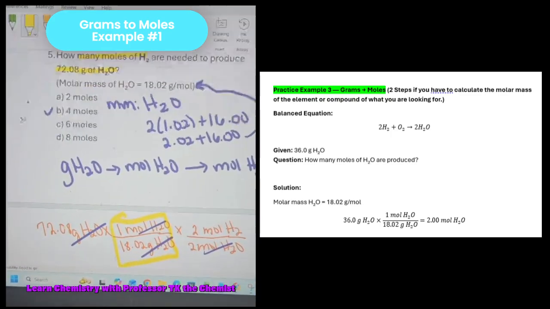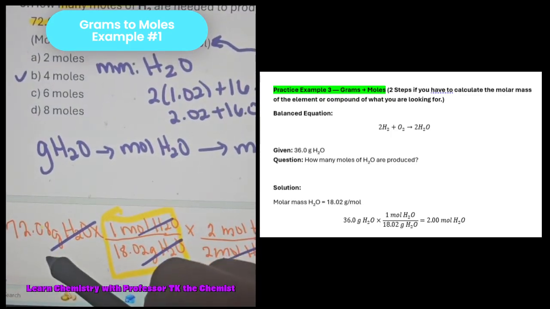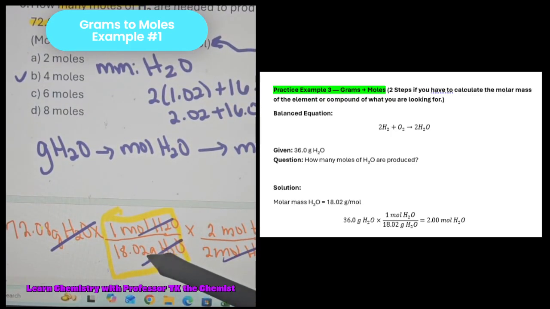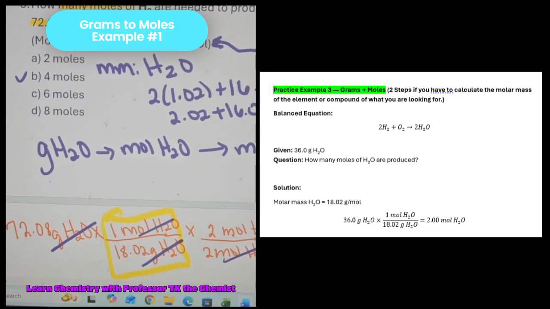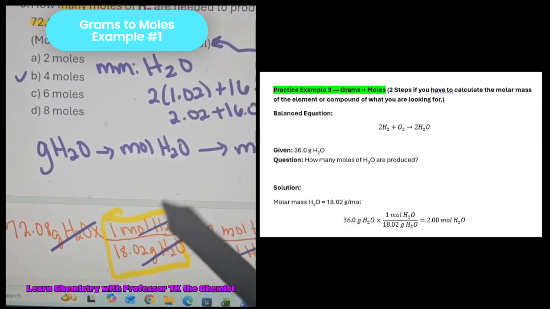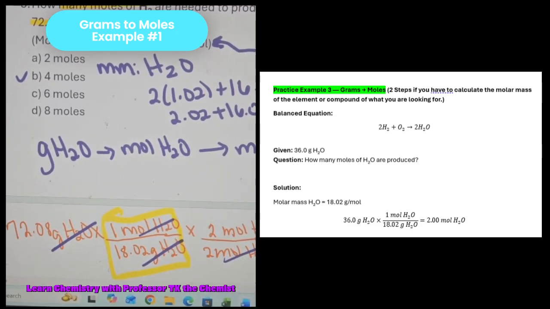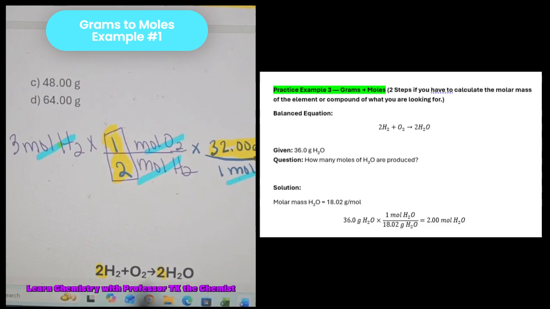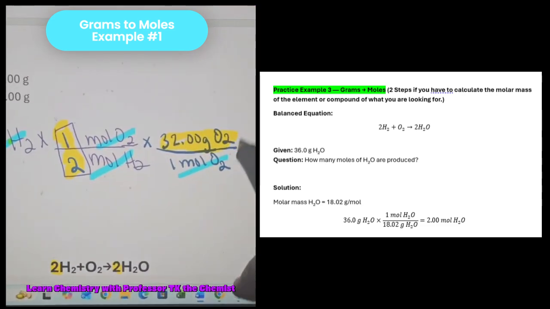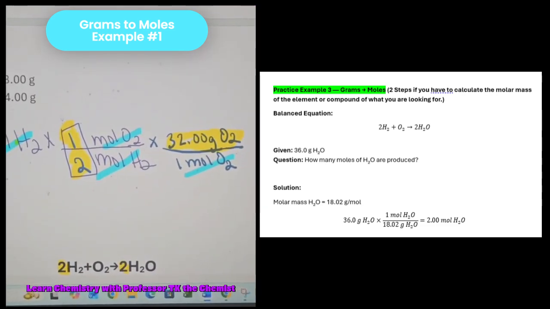Because we are trying to get rid of the gram, you have to have a gram on the bottom. But let me go back up here so you can see the difference. See how the gram is on the bottom here? Well, earlier, the gram was on the top because we were trying to get to it.